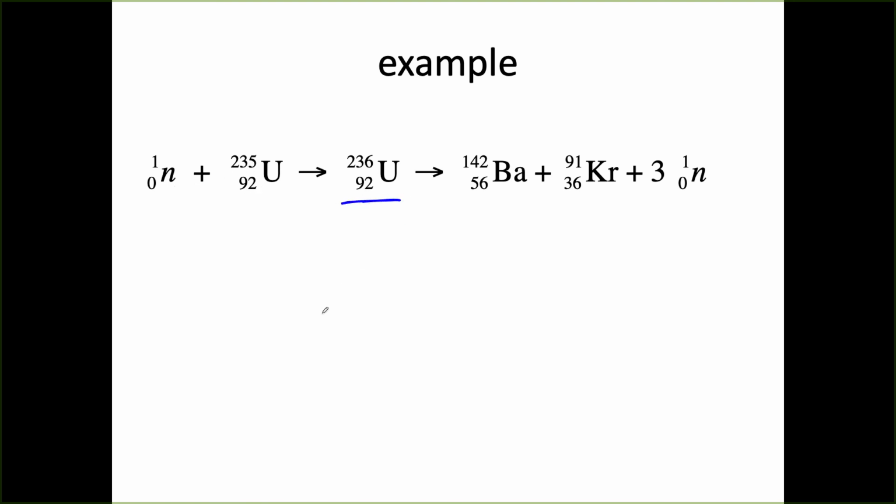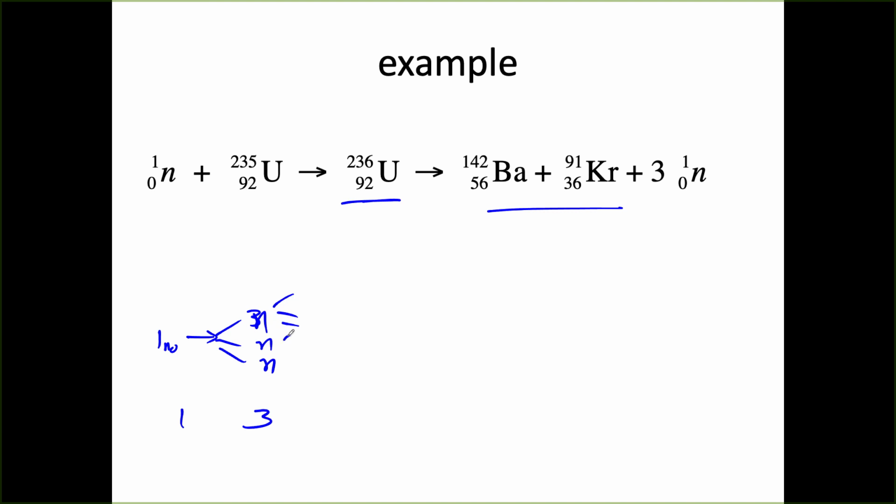It quickly forms uranium-236. Then this is so unstable that it breaks apart into two elements, barium and krypton, plus 3 neutrons. And this is what I mean by a chain reaction. So we have 1 neutron, and we end up with 3 neutrons.